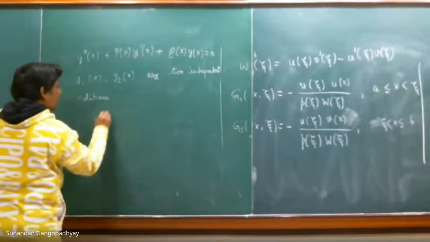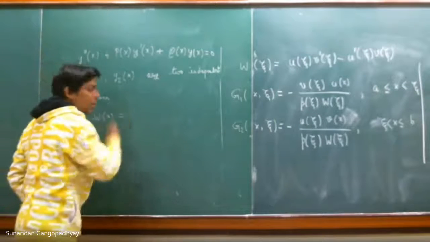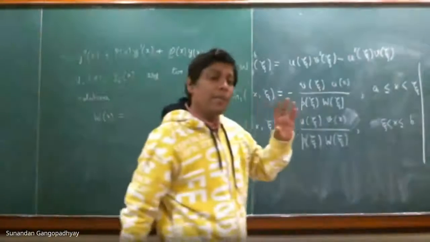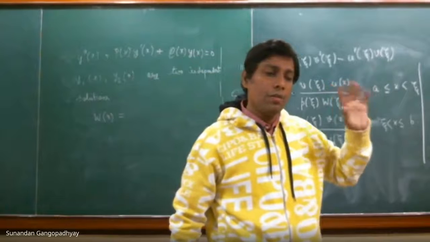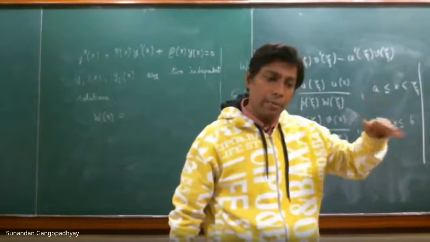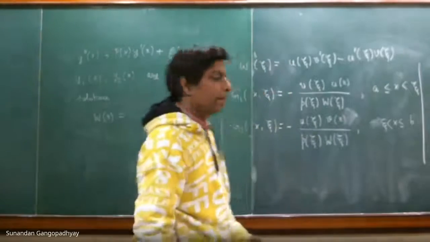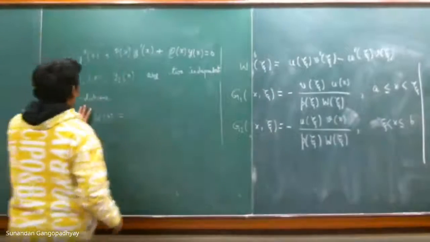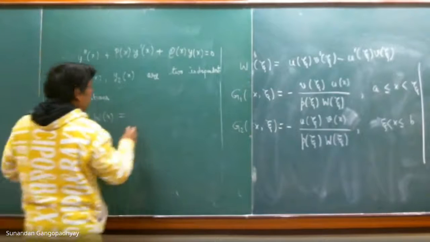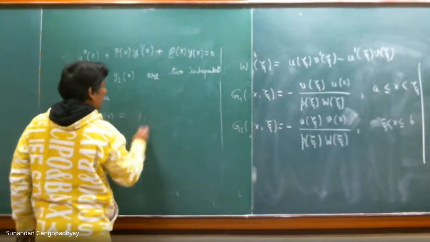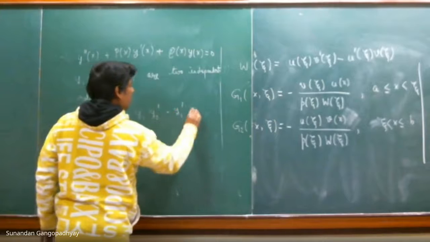Then, what is the Wronskian? As I mentioned, you remember that ux and vx were two linearly independent solutions, because ux was the solution of the homogeneous differential equation satisfying the boundary condition at x is equal to a, and vx satisfying at x is equal to b. And therefore, if y1 and y2 are two independent solutions, then the Wronskian is basically y1 y2 prime minus y1 prime y2.